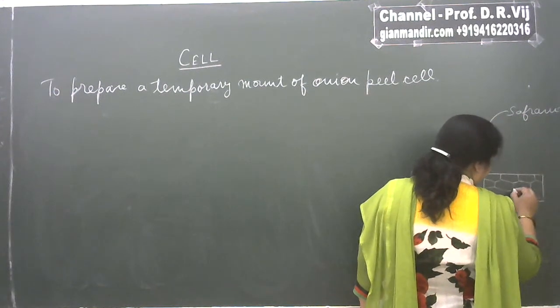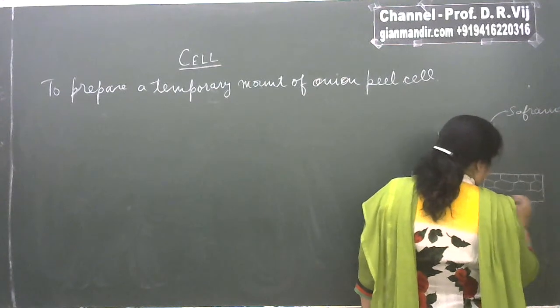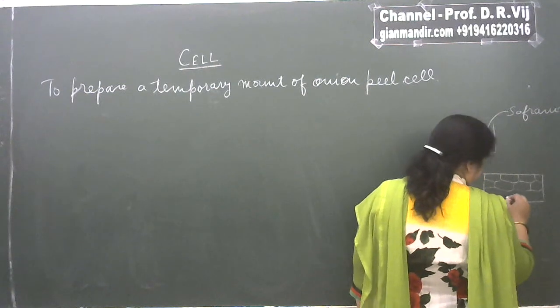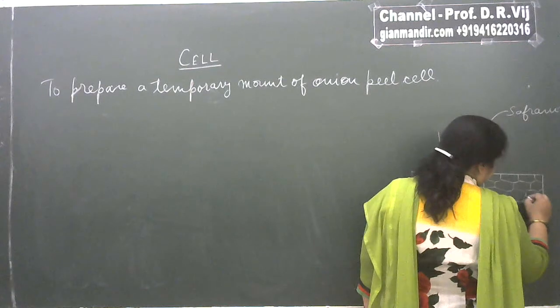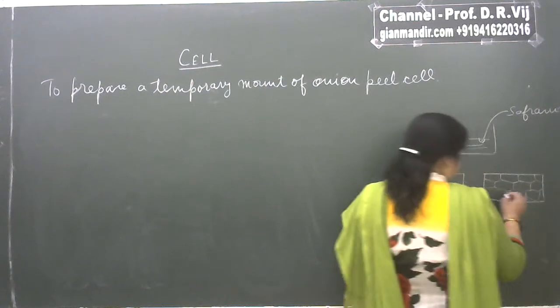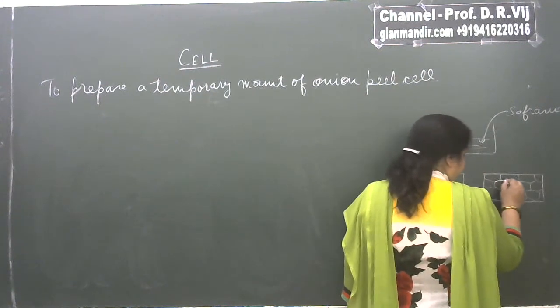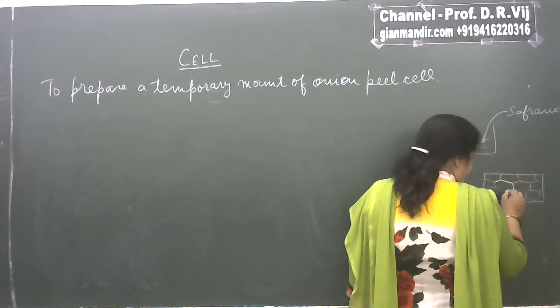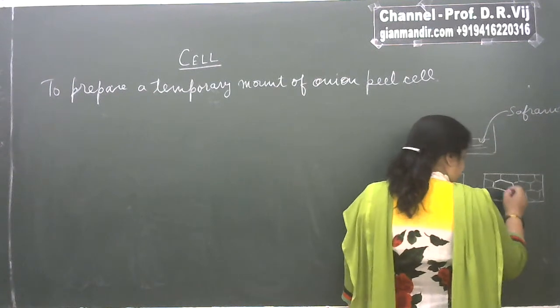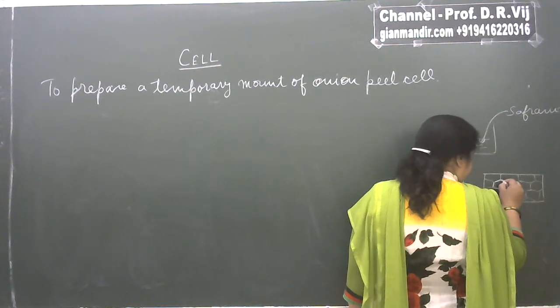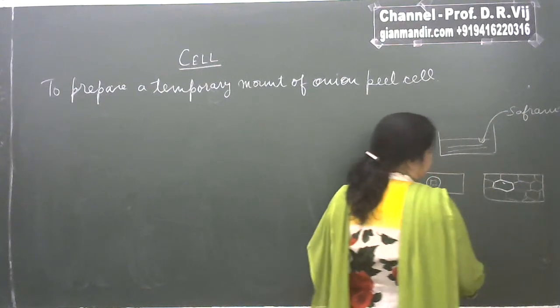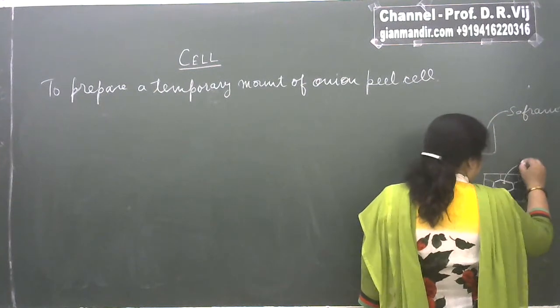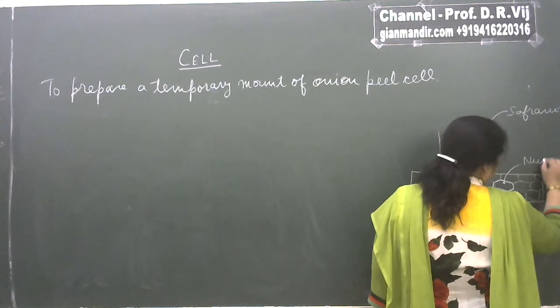Like this kind of cells you observe under the slide, right? In this cell, you will observe that the outer boundaries of the cell are darkly stained and at the center, near the periphery, we have a dark colored spot. So this dark colored spot of the cell is what?